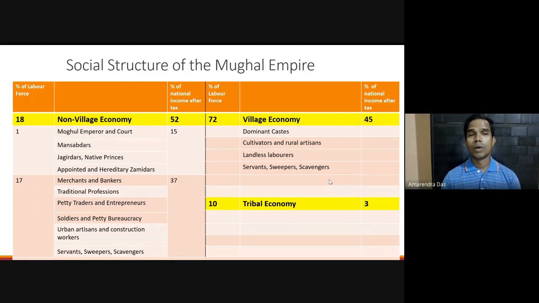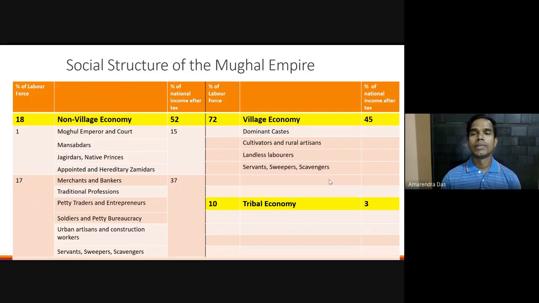Like the present situation, the urban economy contributed more than 50% to the national income, and the population was, of course, less in the urban area. The village or rural economy contributed 45% to the national income, but the labor force was 72% in the village economy.